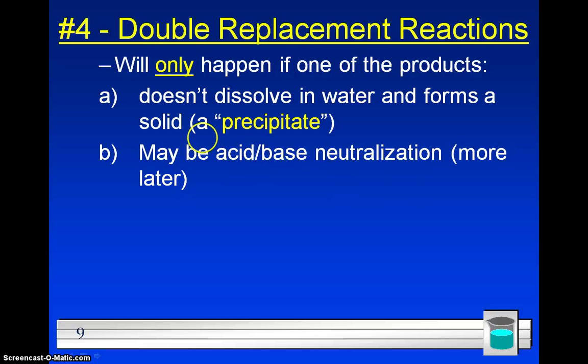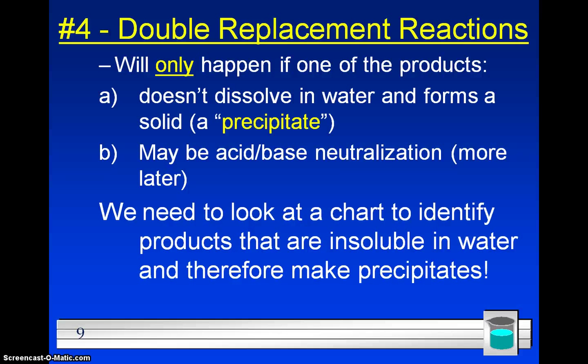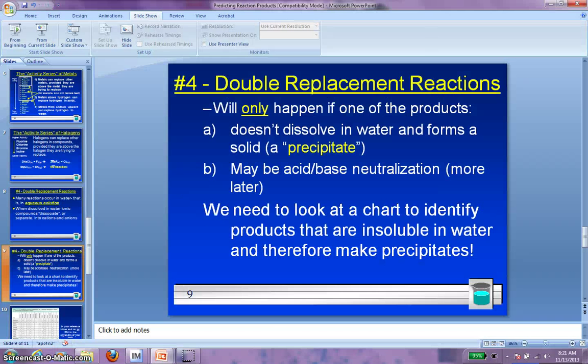We'll go into more detail about that type of double replacement when we get into our units on acids and bases and talk about what that neutralization actually means. So let's go back to A. Does the reaction happen by determining whether or not there is a precipitate?